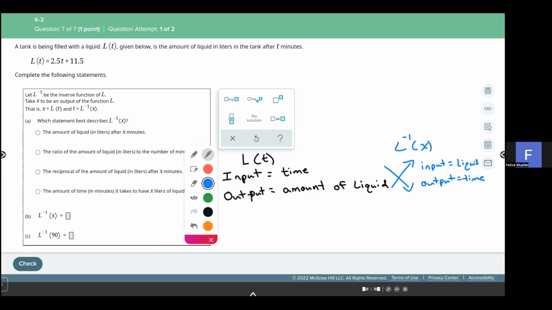So I'm going to take a look at my answer choices here for what describes my inverse. So again, if I'm starting at my original, I'm putting in time, I'm getting out liquid, my inverse should say I'm putting in liquid and getting out time. So my output is how long it will take to have x liters of liquid.